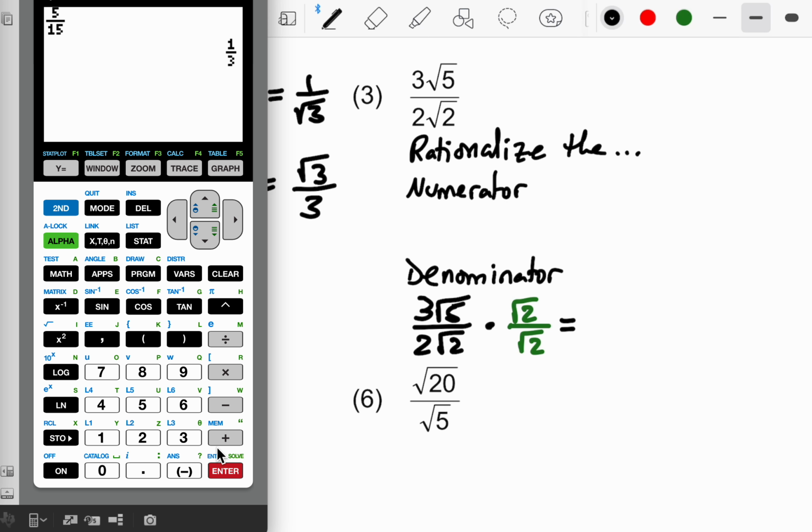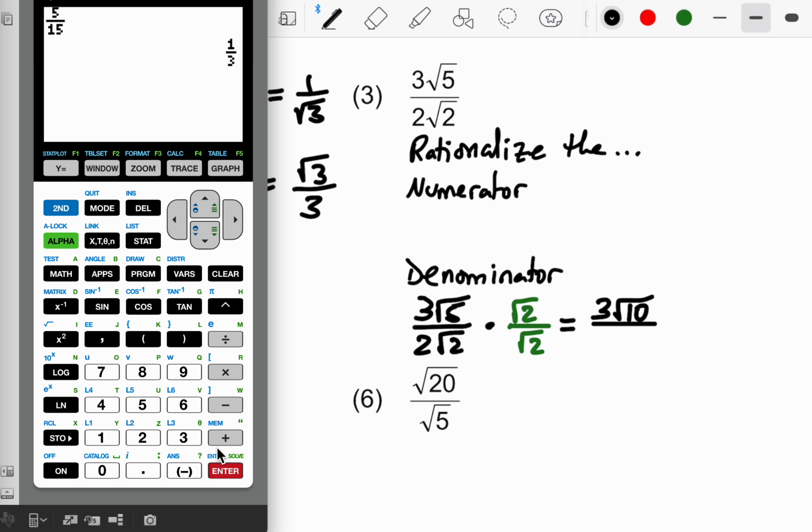The 3 on the top doesn't get multiplied by anything except for the understood coefficient of 1 in front of this radical. So we're going to have a 3 in our numerator. Radical 5 times radical 2, those I can multiply because they're both radicals. That's going to give me radical 10, and it won't be something I'm able to simplify.